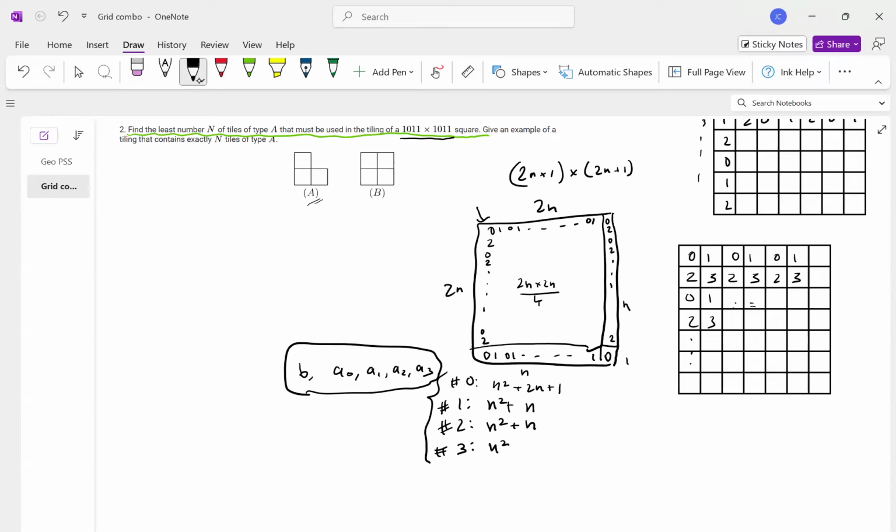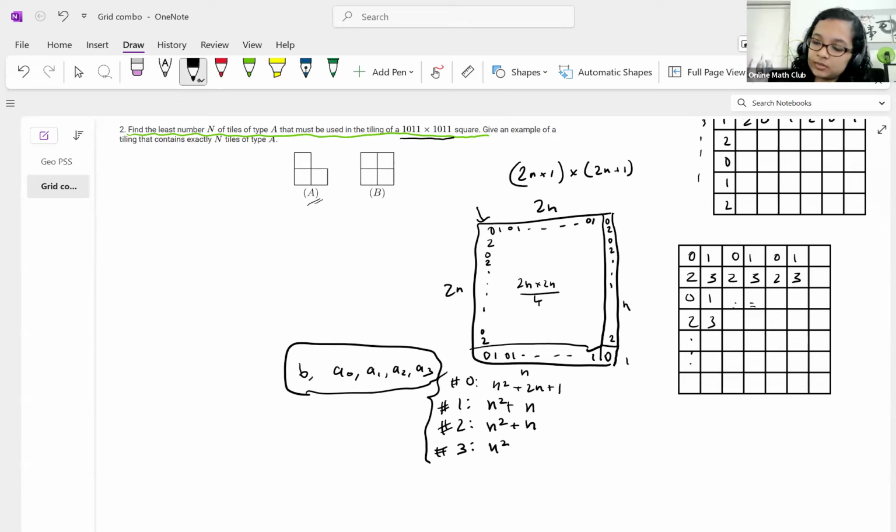But then there has to be one square missing because otherwise we can't directly tile it with dominoes. So at least 2025 squares have to be tiled by the tiles of type A. Yeah, that's actually very close.